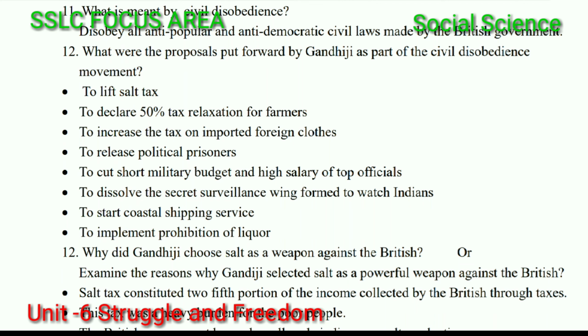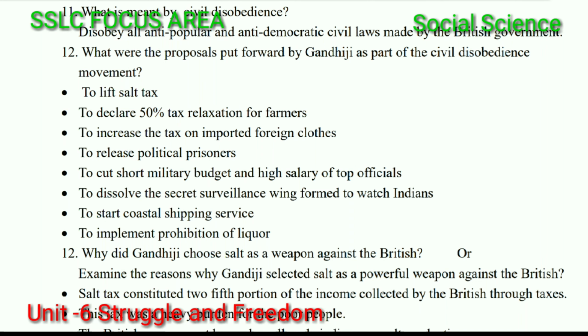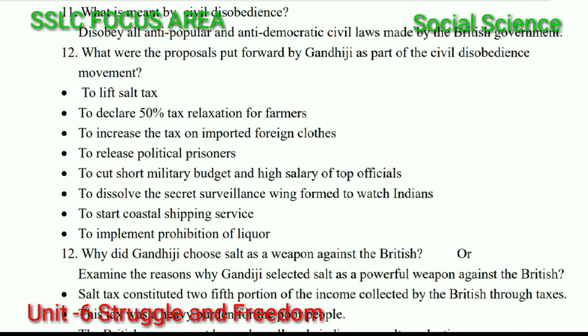To lift salt tax, to declare 50% tax relaxation for farmers, to increase tax on imported foreign clothes, to release political prisoners, to cut short the military budget and high salaries of top officials, to dissolve the secret surveillance wing formed to watch Indians, to start coastal shipping service, to implement prohibition of liquor.